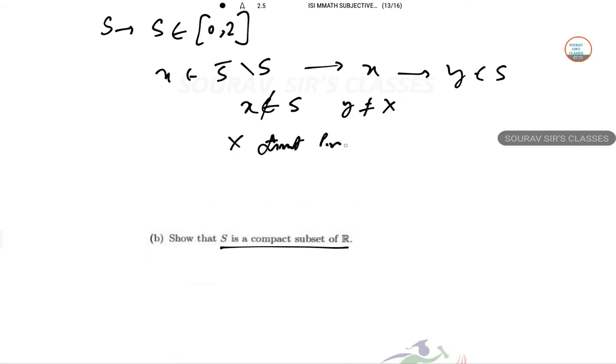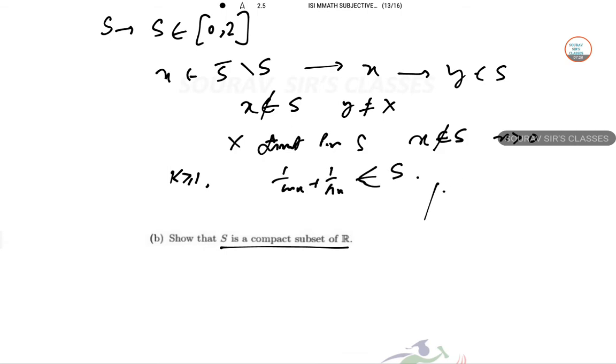Okay, so since we assume x does not belong to S in this part, it follows that x is positive for every value of k greater than or equal to 1. So if we find a point 1 by mk plus 1 by nk, which gives this, such that it is within 1 by k.